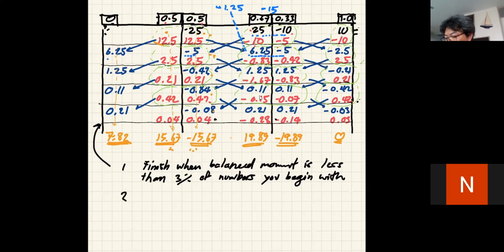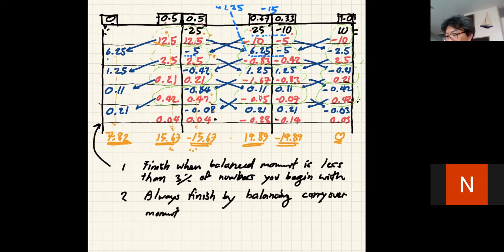And second, always finish by balancing the carry over moment. Okay, so in other words, you must finish every cycle.